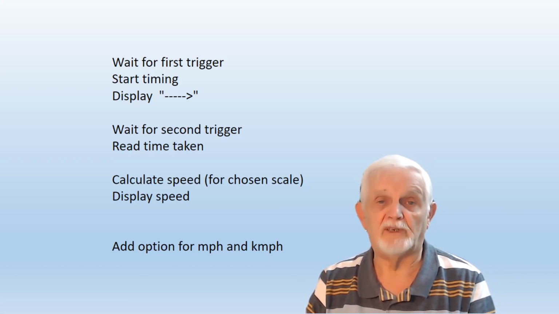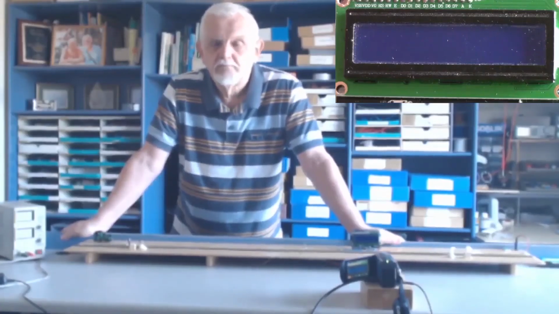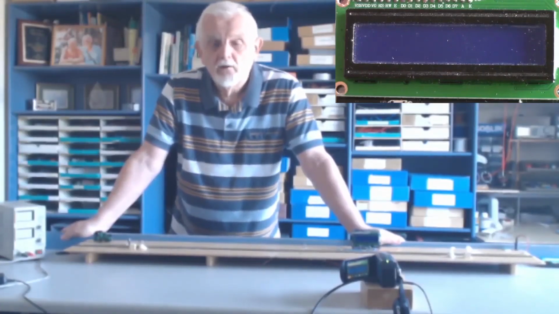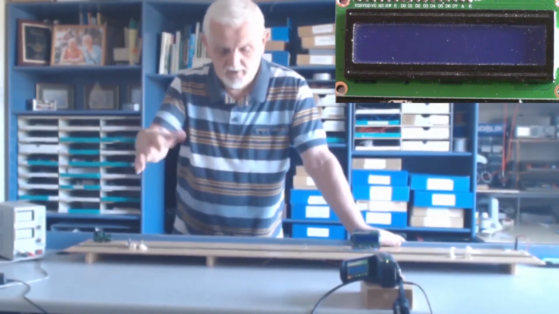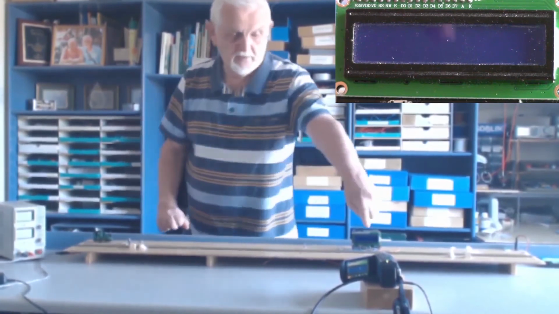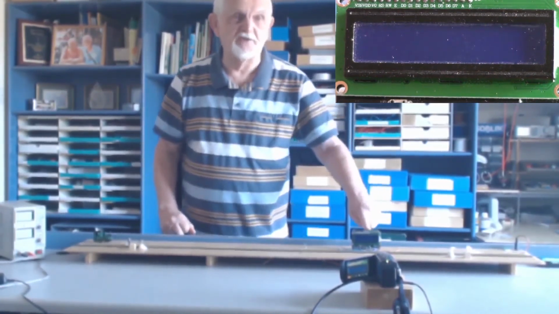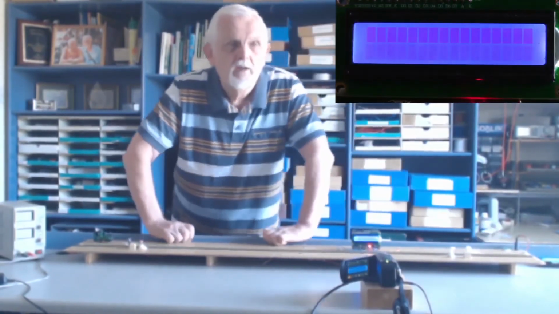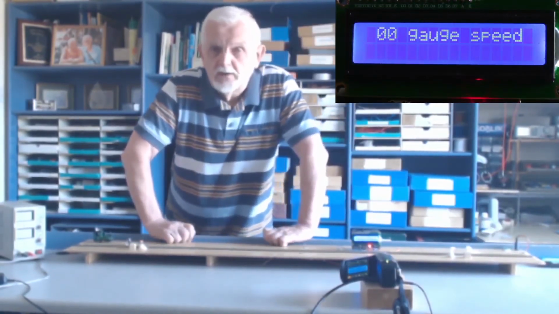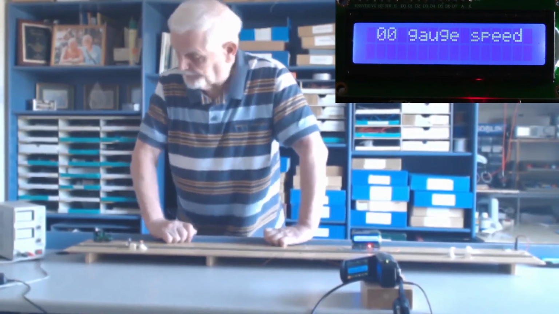So let's see it in practice. Okay, this is the setup. You've got one camera pointing at the board, another camera pointing at the LCD screen. So let's put on the power. And we're currently looking at reading 00 speeds.